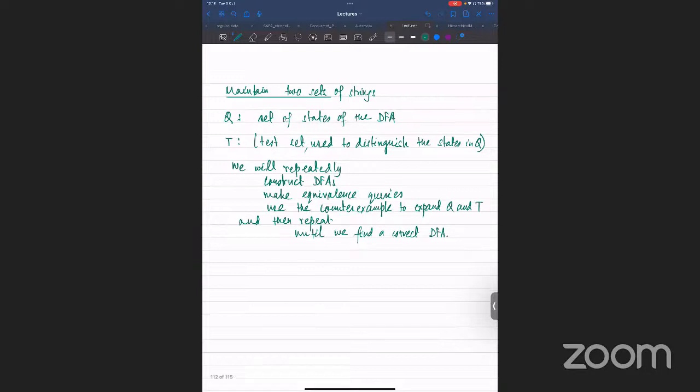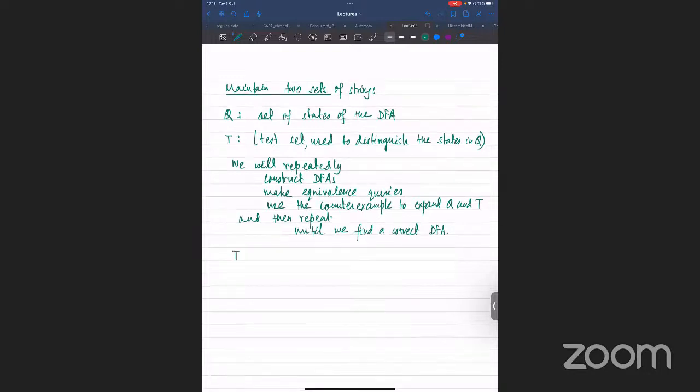Now, in order to do this, let's define a few notions. T equivalence. What is T equivalence? We would denote it like this.